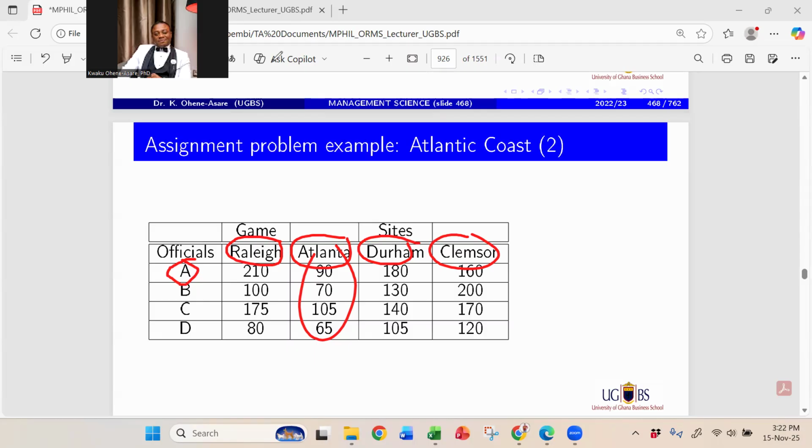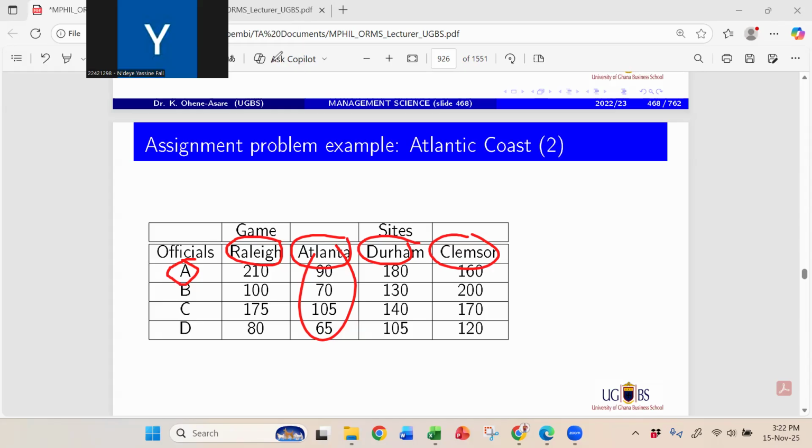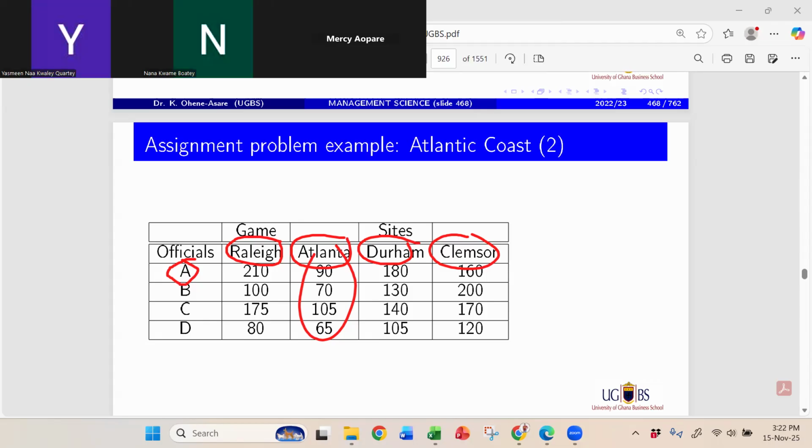So you count how many are the supplies and how many are the demand. How many are the supplies here? When I say supply, how many officials are we supplying to the game sites? 4. And how many are the demanders? 4.